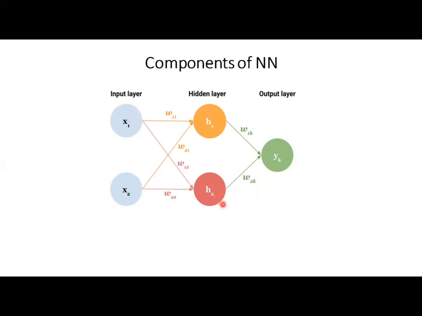Similarly, X1 to H2 means this connection has some information about the input data. Similarly, each of these connections has some weight. So the basic components of neural networks are input, hidden, output.